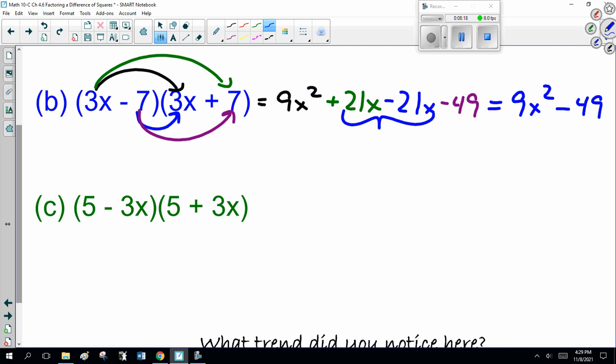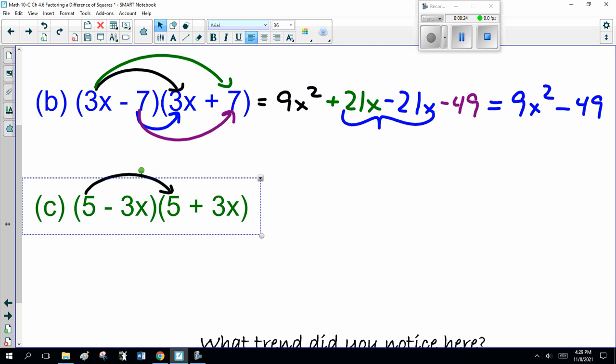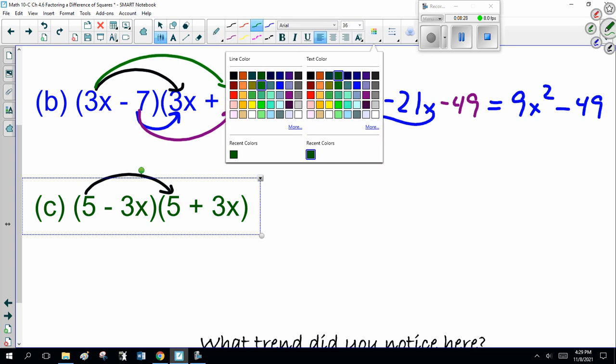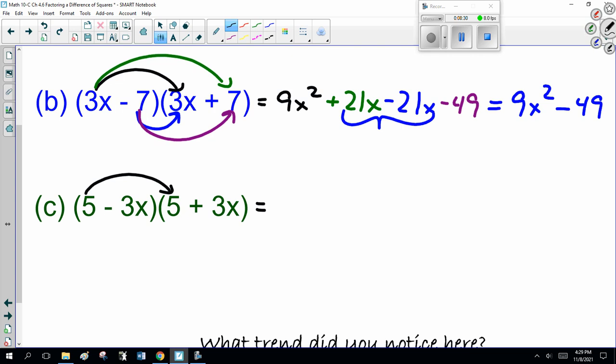Okay. Finally, 5 times 5, sorry, a little darker for some people that are having trouble seeing that particular shade of green. 5 times 5 is 25. 5 times plus 3x is plus 15x.